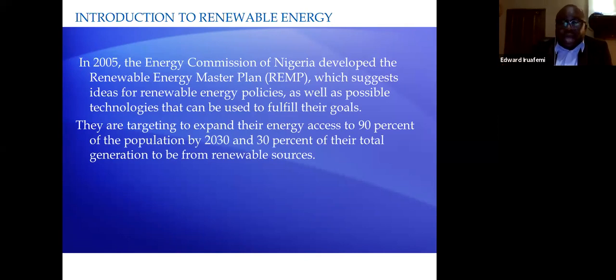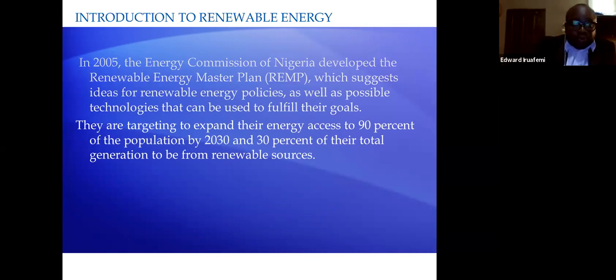They also had a target plan of expansion for about 90% of the population to have energy, which is needed to do almost 98% of activities, in your homes, your farms, your offices, your organizations. So we hope that by 2030, we should have 90% completion of that master plan, which the Nigerian Energy Commission has decided to take upon the Nigerian government.